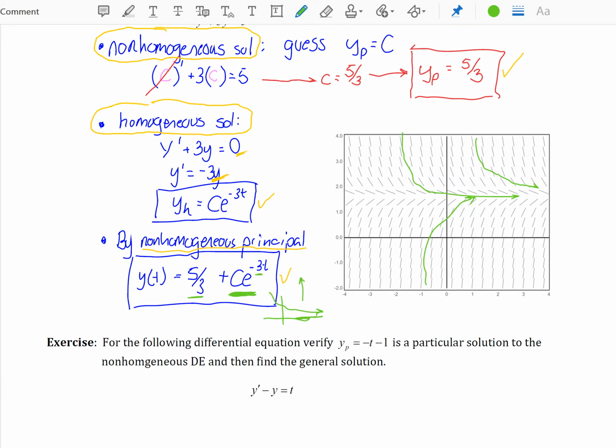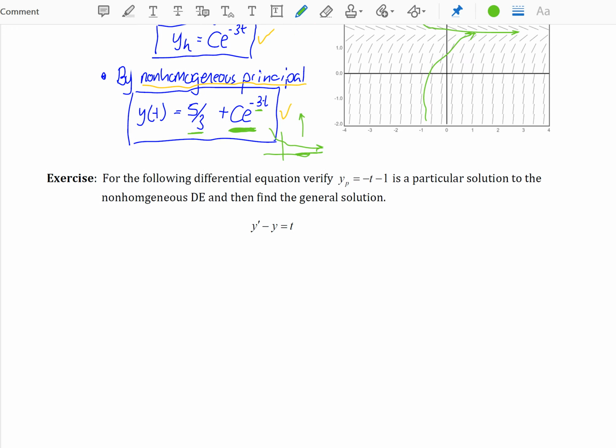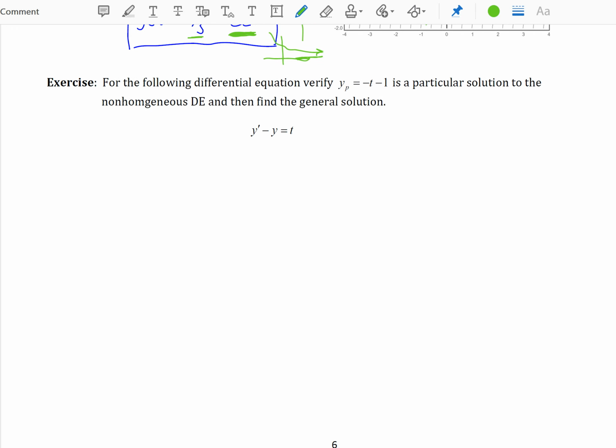Okay, I have one more example to present with you, and this problem is a little bit different. We have not learned how to solve non-homogeneous differential equations where the right-hand side is a variable. This is something we will talk about still.